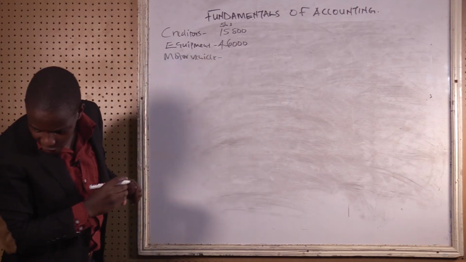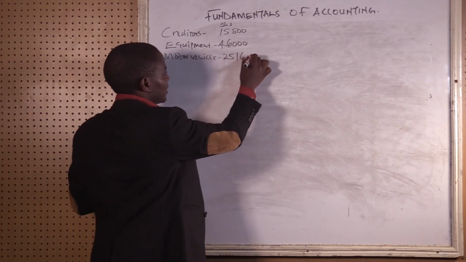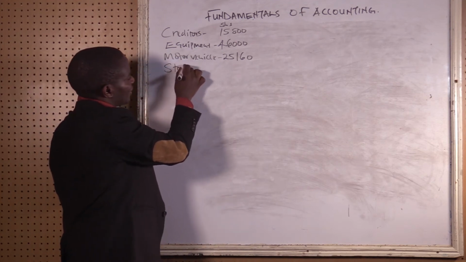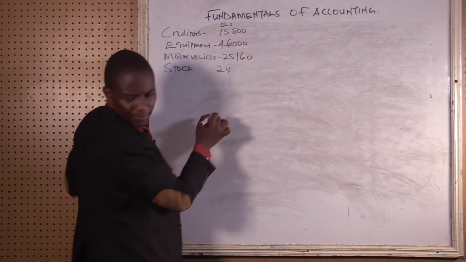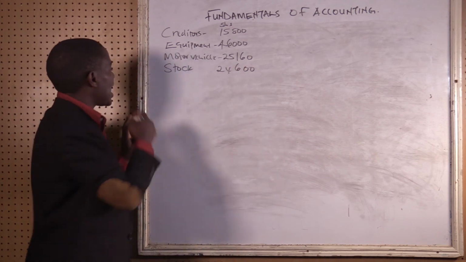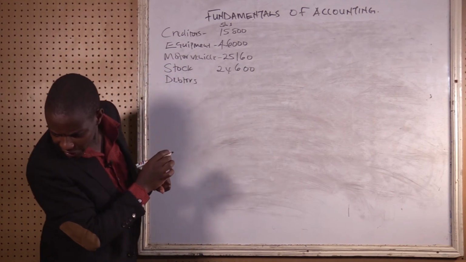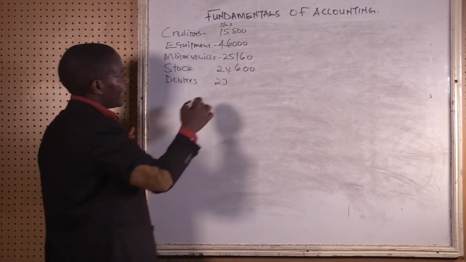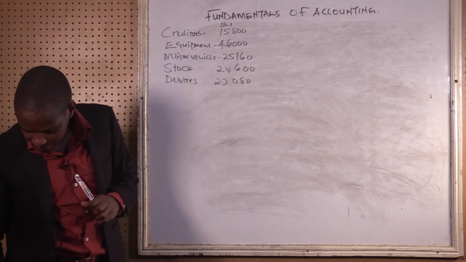For motor vehicle, we have been given 25,160. Then you've been given stock as 24,600. And then we have debtors. We have them as 23,080.